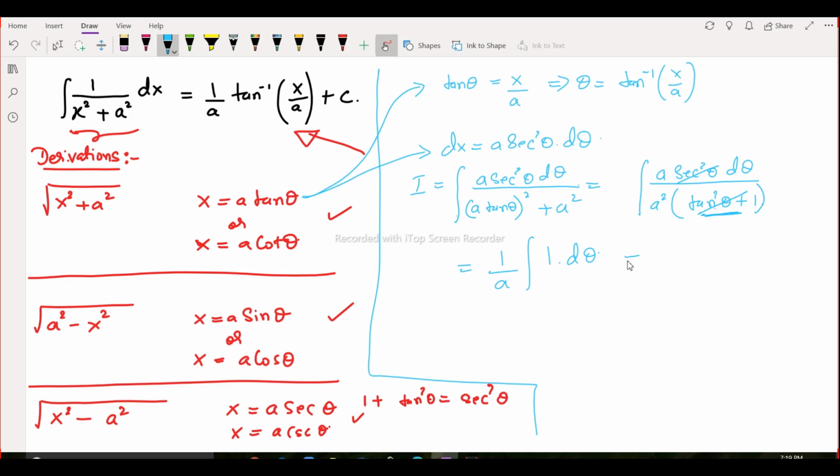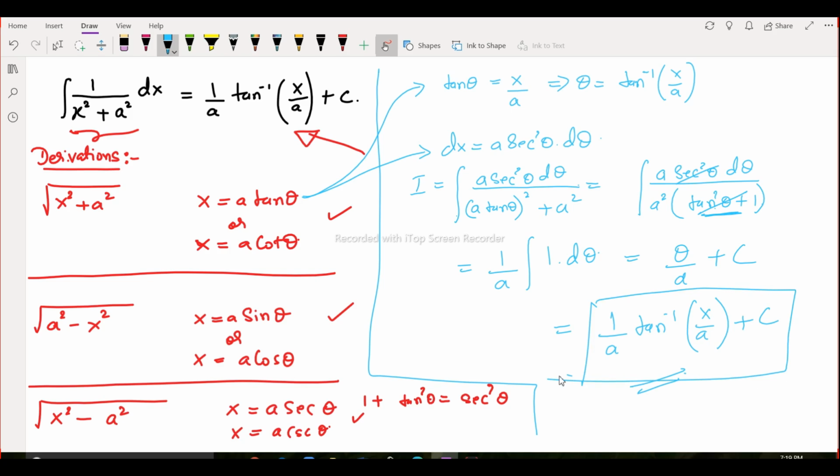Integration of 1 is theta, so this will be theta upon a plus c, right? And theta is tan inverse x by a, so this is 1 by a tan inverse x by a plus c. So this is the formula which we'll remember. This is just the derivation in case you wanted to know how to derive it.